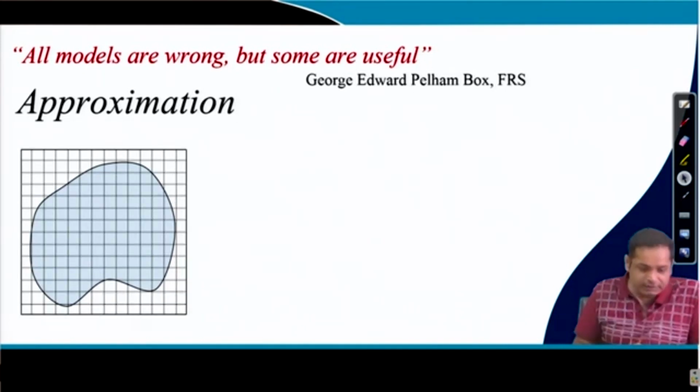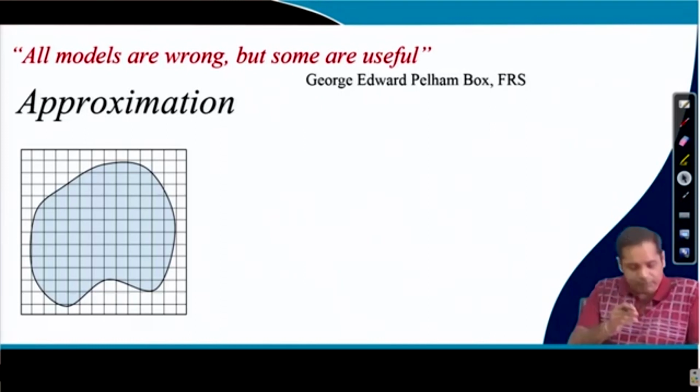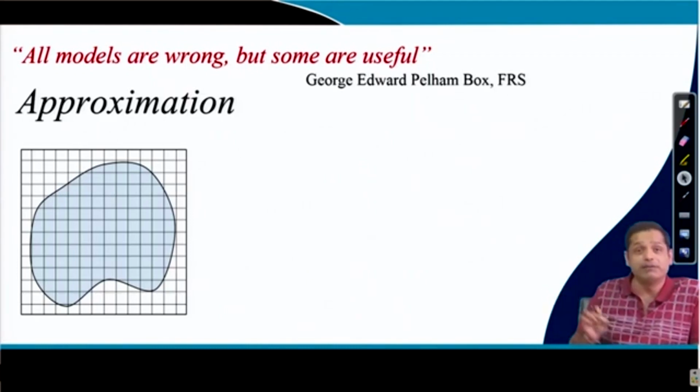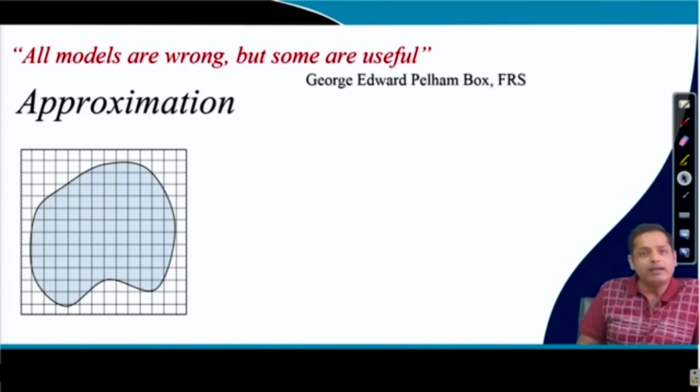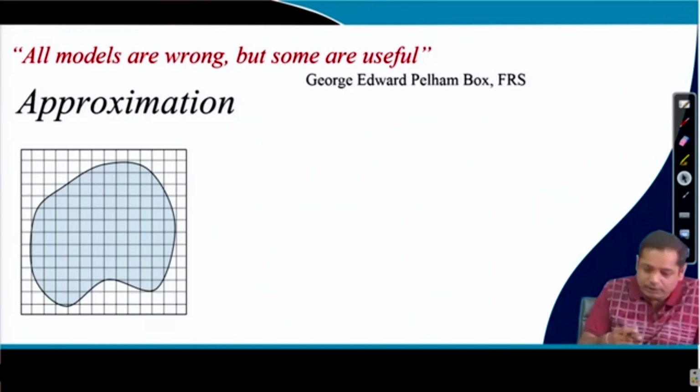We put the shape on a graph paper or make some square grids and then count how many square boxes we have, and we know the area of each square box. Multiplying the area of each square by the number of squares will give you the area.